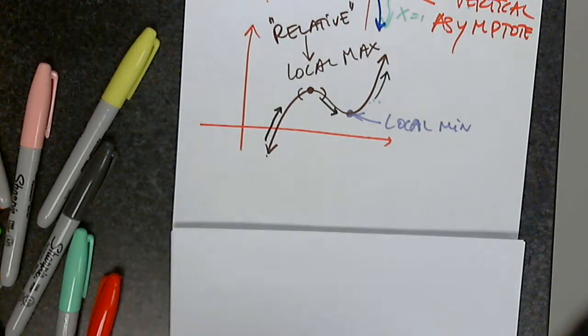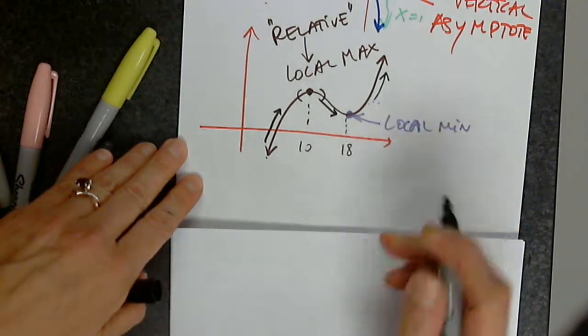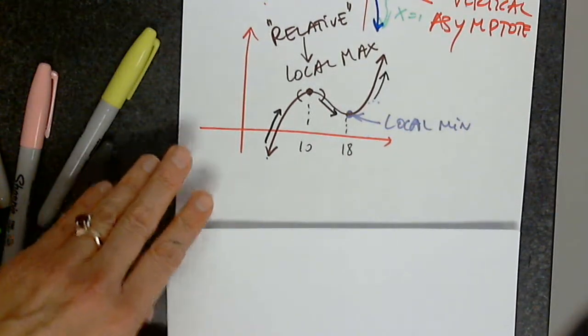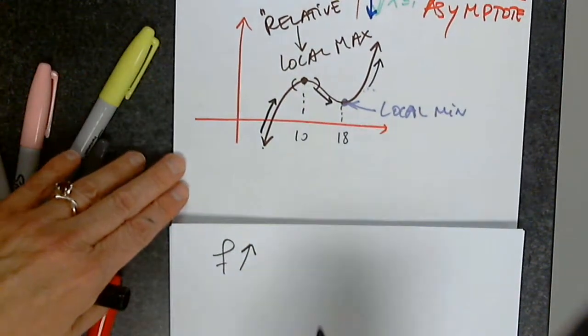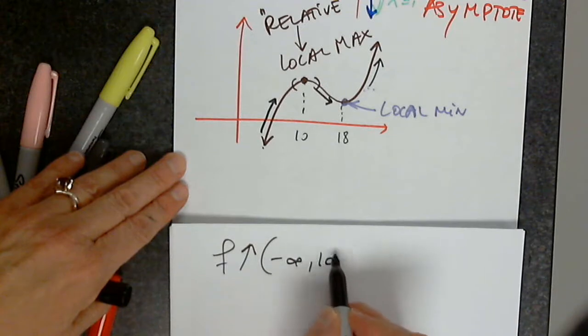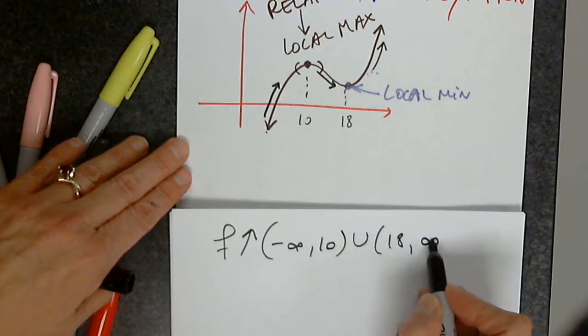So if I put some numbers on this graph, like for example, let's say 10 and let's say 18, I would say the function is increasing for x values between negative infinity and 10, union 18 to infinity.